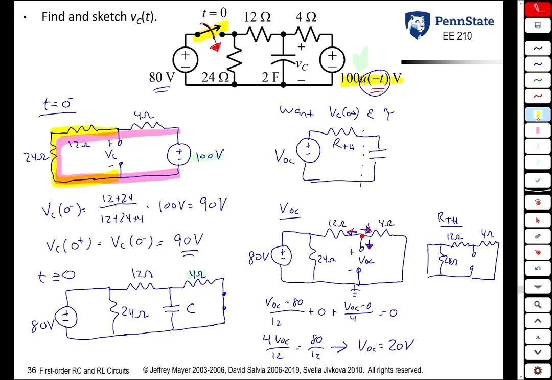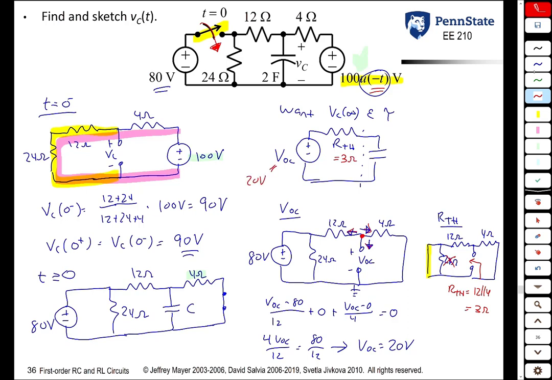Well, we see because of this short here, this 24 ohm resistor has really no effect, and our Thevenin is just 12 in parallel with 4, or 3 ohms. So our Thevenin is 3 ohms, VOC is 20 volts.